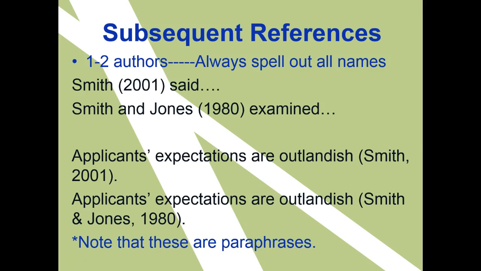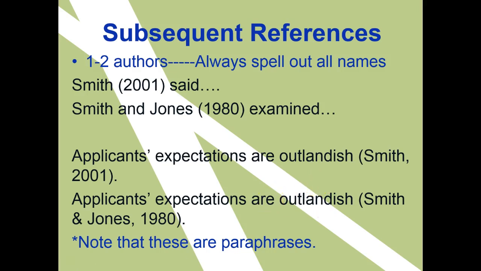Here's another example using the parenthetical way of citing. Applicants' expectations are outlandish. And again, Smith, comma, 2001. Or applicants' expectations are outlandish. Smith and Jones, 1980. So you'll notice there that there's a change when we make a citation in the narrative.